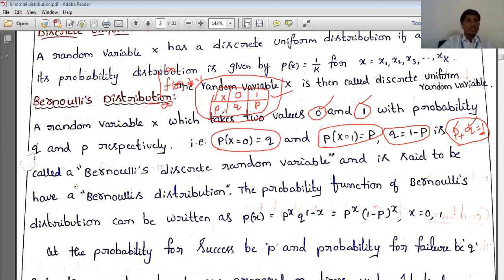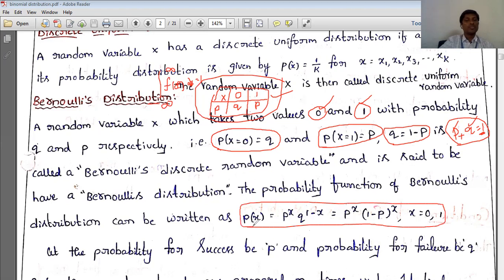Okay. Now it is said to have a Bernoulli's distribution. This distribution we simply call a Bernoulli's distribution, and the probability function of Bernoulli's distribution can be written as p power x q power 1 minus x.